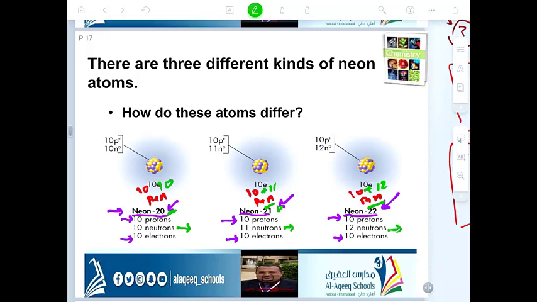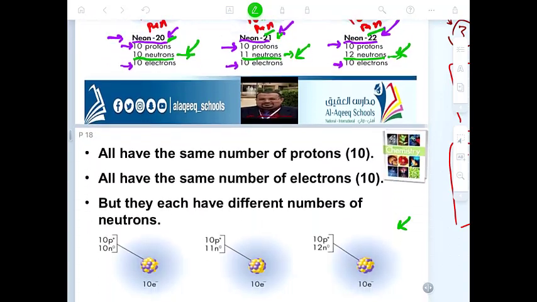That means the same element can differ in the number of neutrons? Yes. What does it mean? It means isotopes. So what is meant by isotopes? Isotopes are different forms of the same element, equal in their atomic number or number of protons, but different in their number of neutrons only.